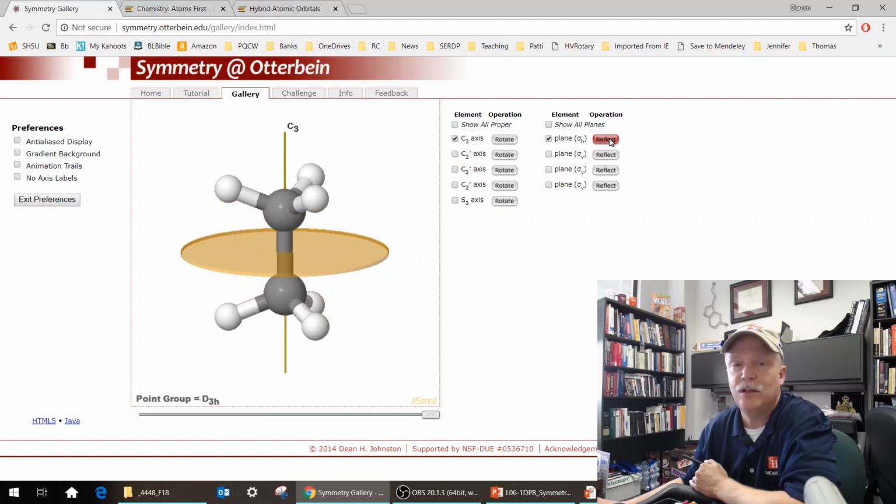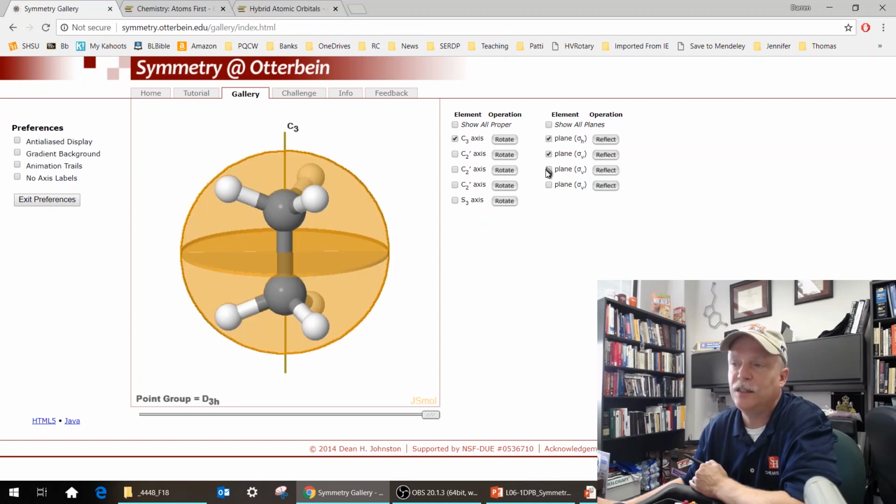So notice the horizontal plane of symmetry is a unique plane of symmetry. It splits the highest symmetry axis and it's perpendicular to that. The vertical planes of symmetry contain that symmetry axis. So notice how they contain that symmetry axis. The horizontal plane splits that axis in two.